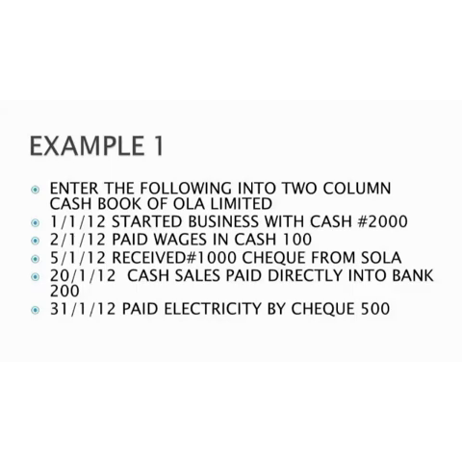Next transaction, on 20th January 2012: cash sales paid directly into bank. That means under the bank column on the debit side, there is an inflow of cash. So enter the transaction under the bank column on the debit side with rupees 200.